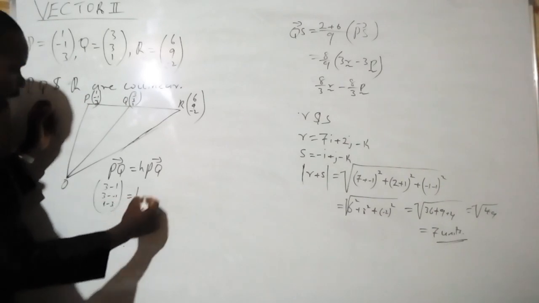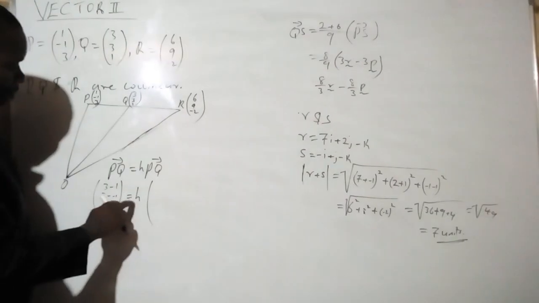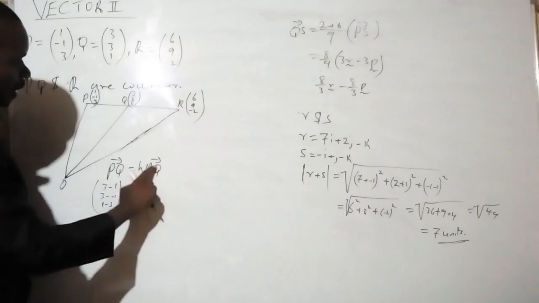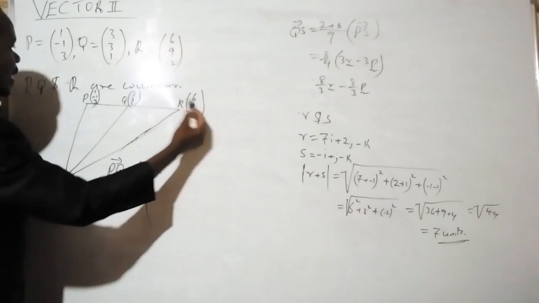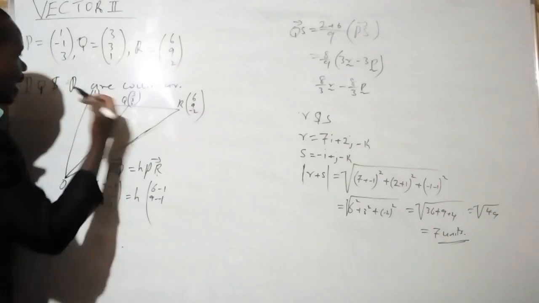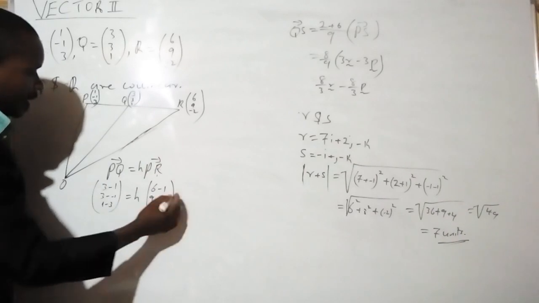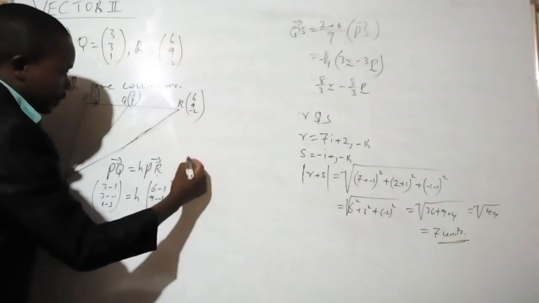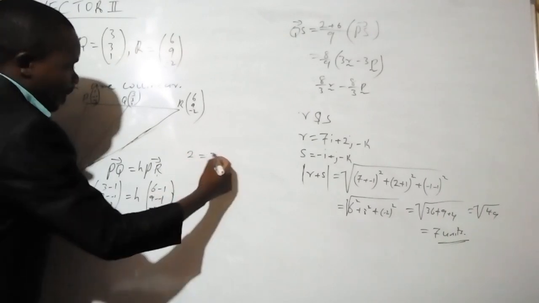First of all, you can get h, which is supposed to be a constant. For PR we start with R: 6 minus 1, 9 minus minus 1, then negative 2 minus 3. Then 3 minus 1 is 2, equals h times 6 minus 1, which is 5.